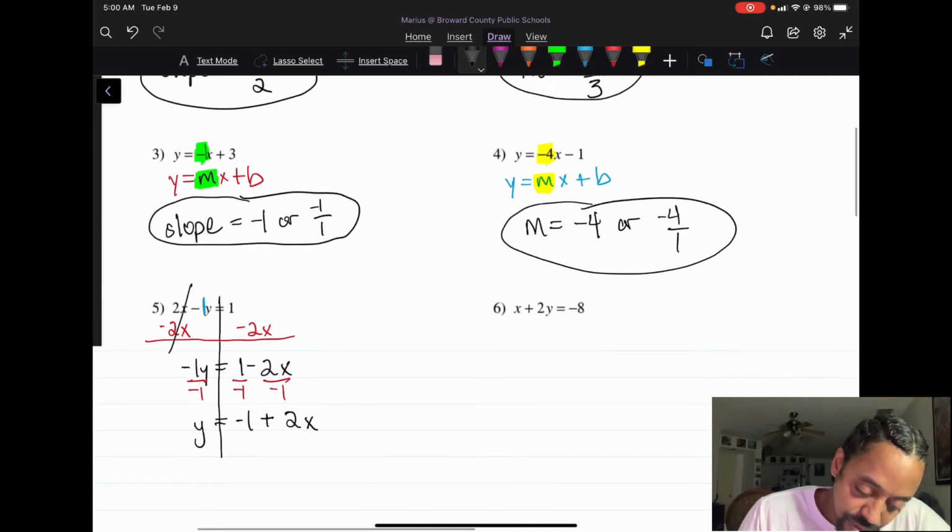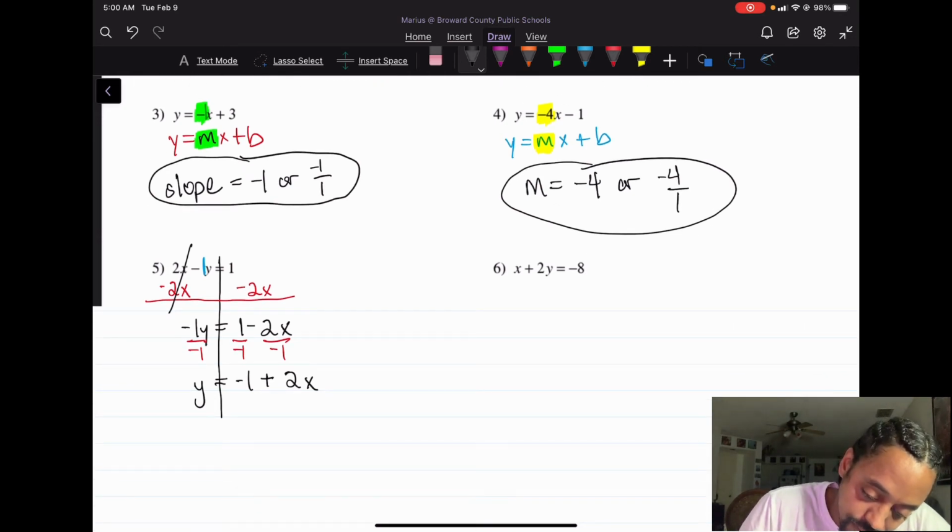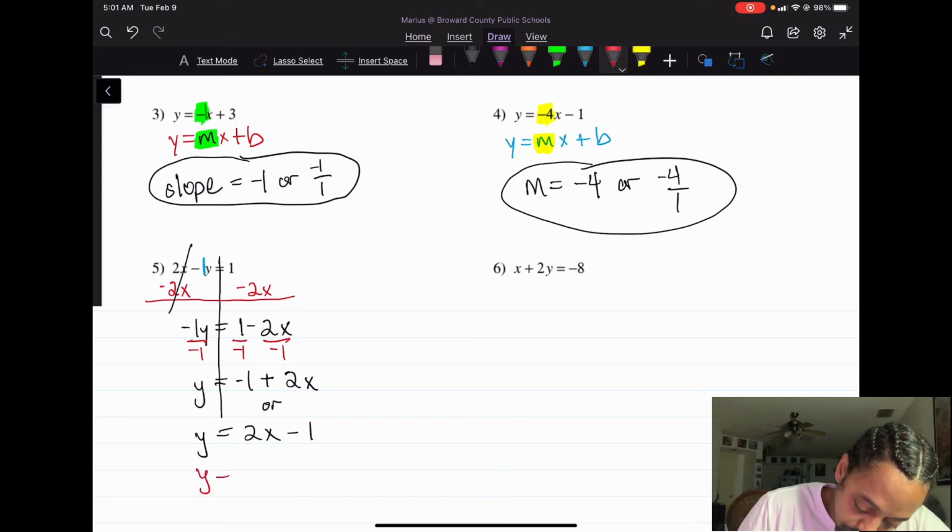Now it's basically in slope-intercept form. And if we need to, we can rewrite it to say y equals positive 2x minus 1, okay? Now, either way, remember that when we write it in slope-intercept form, the slope is the coefficient of x.